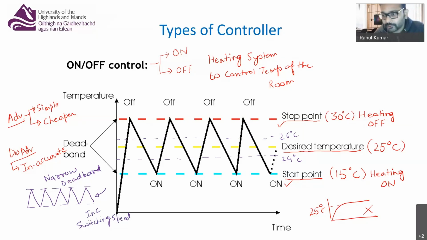right? So you can imagine if you are turning any system on and off very quickly, let's say after every 2 seconds, you turn it on and after 2 seconds you turn it off, then again 2 seconds you turn it on, and again 2 seconds you turn it off, right? So that is going to damage our heating system or whatever system you have connected it to, right?